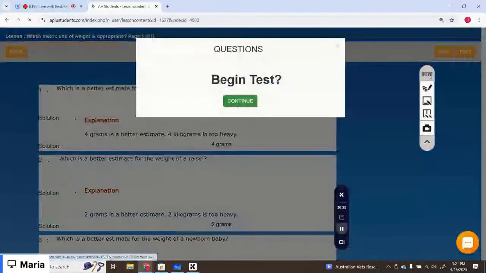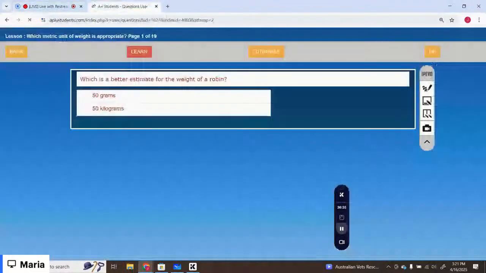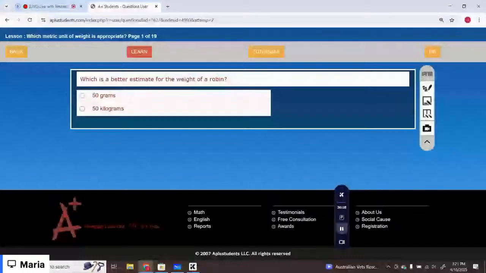Okay, let's just start with the questions. Robin. 15 grams, 15 kilograms.